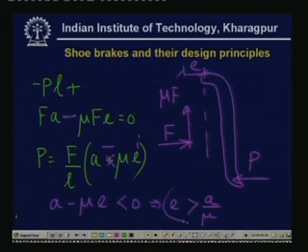Remember that this is the case for the self locking effect. If E is in the negative sense, as the situation is depicted over here, this line of action is towards the left, and E is greater than A by mu.